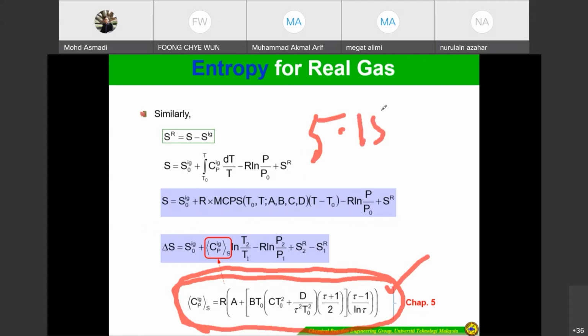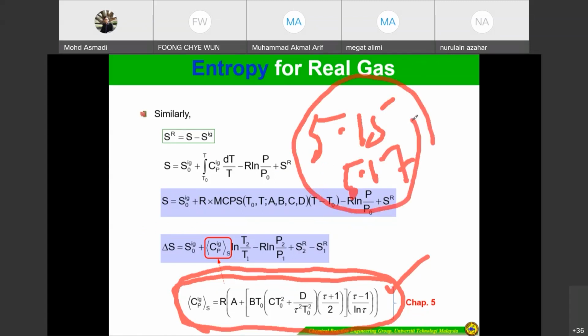Equation 5.17 is only for entropy. If you want to learn more about entropy, you can read chapter 5, but we never focus on it in this course. They have this additional term, T2 minus T1 and P2 divided by P1, and also the residual here.